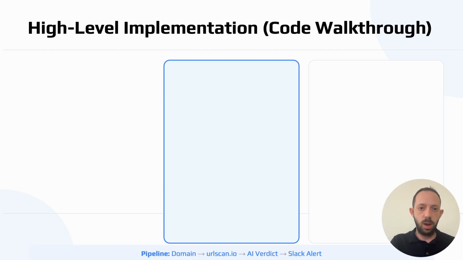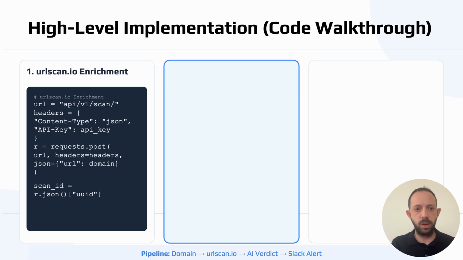Now, let me quickly walk through how this works end to end by examining the code. So first, we have the urlscan.io enrichment. As you can see here, I've implemented a script in Python that uses the urlscan.io API.